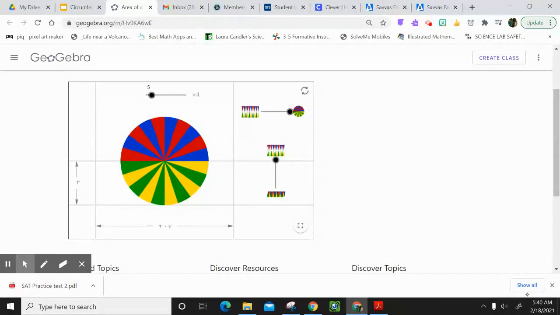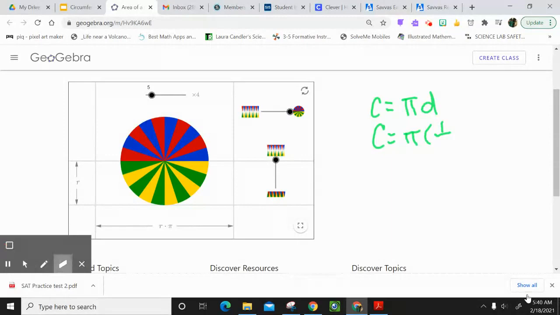It has a certain radius, and we know that the circumference of the circle equals pi times diameter. Radius is half of the diameter.